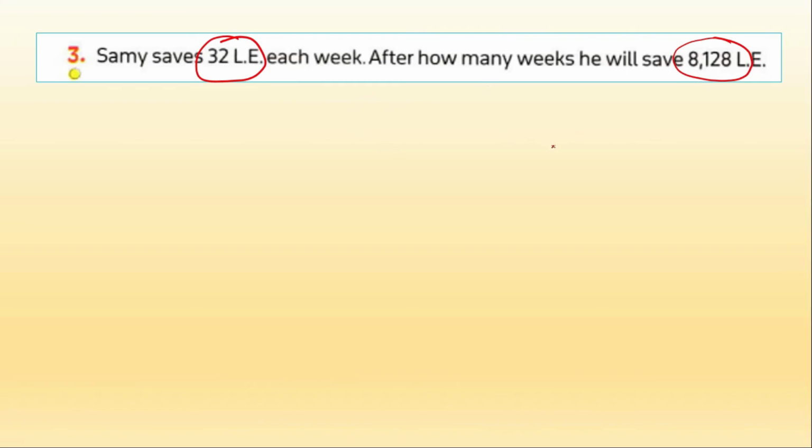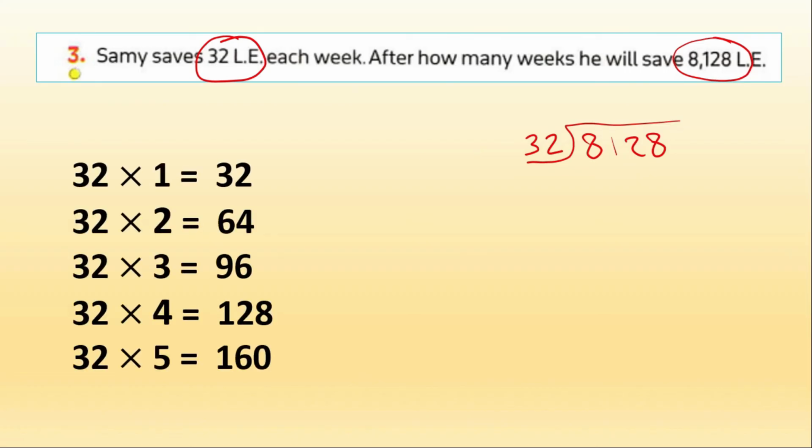Okay, same thing, we write our form: 8,128 divided by 32, and of course we write our timetable, 32 by 1, 2, 3, 4 and 5.